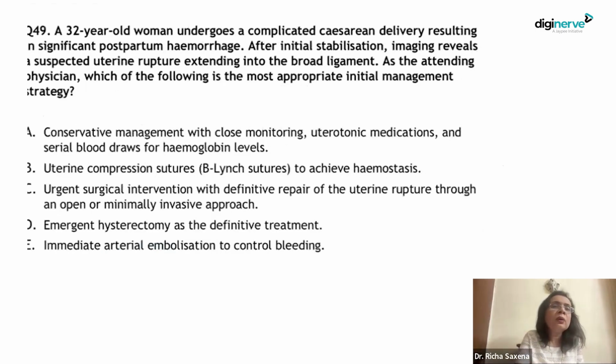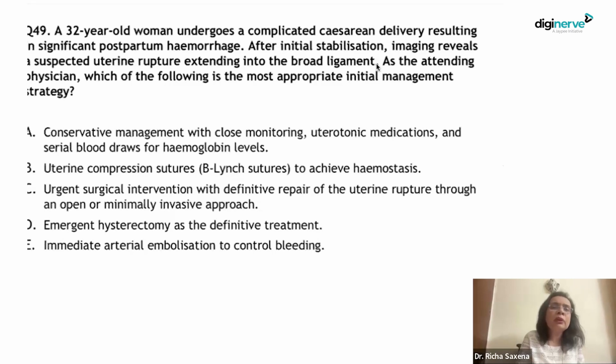A 32-year-old woman undergoes a complicated cesarean delivery resulting in significant postpartum hemorrhage. After initial stabilization, imaging reveals a suspected uterine rupture extending into the broad ligament. As the attending physician, which of the following is the most appropriate initial management strategy? A rupture extending into the broad ligament, so what should you do?